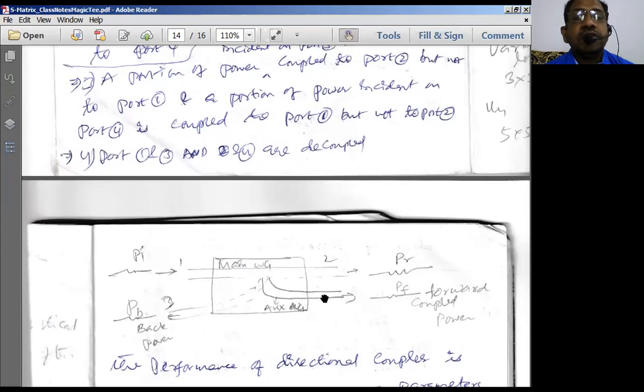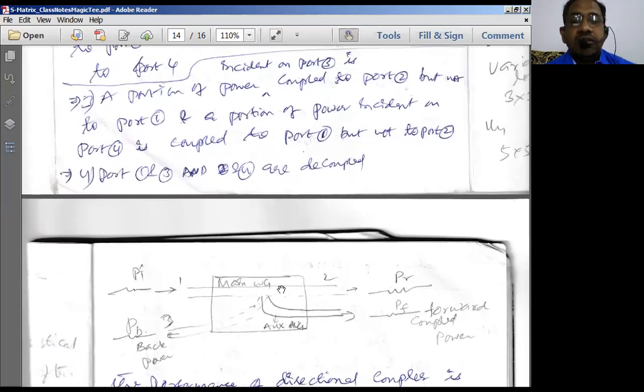We have seen when the power is incident on port 1, it will be coupled to port 2, and some portion will be coupled to port 4, but no signal is coupled to port 3. When you go with reverse, when you apply input at port 2, it will be coupled to port 1, and some portion is coupled to port 3, but 0 is coupled to port 4.